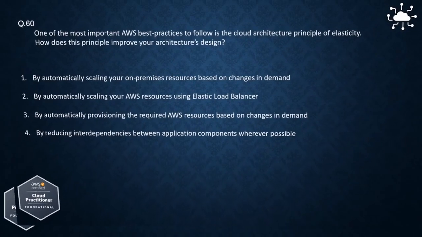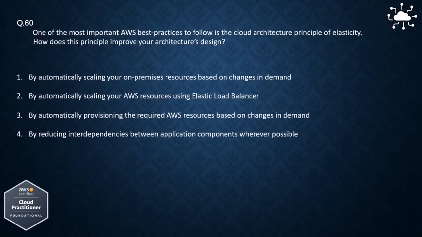Question 60. One of the most important AWS best practices to follow is the cloud architecture principle of elasticity. How does this principle improve your architecture's design? 1. By automatically scaling your on-premises resources based on changes in demand. 2. By automatically scaling your AWS resources using Elastic Load Balancer. 3.